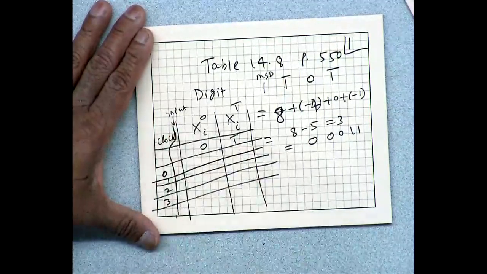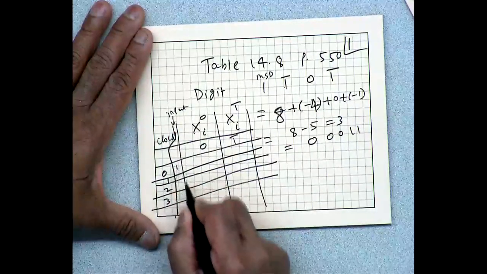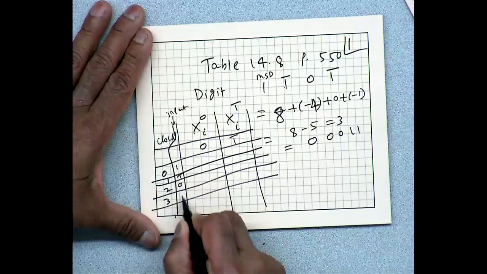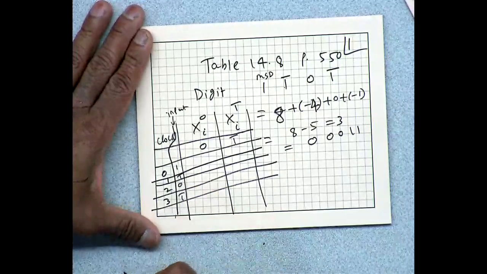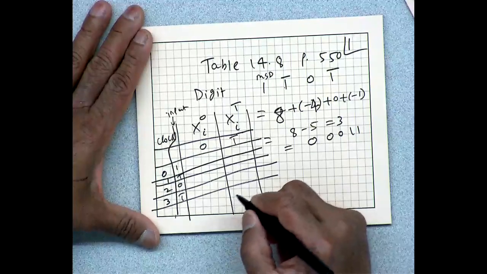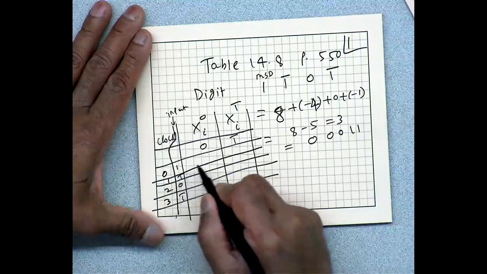So we are inputting these digits 1, 1 bar, 0, 1 bar. Okay, so here is how we are going to use the table that I had shown before.